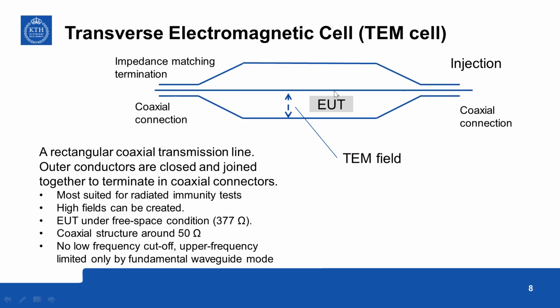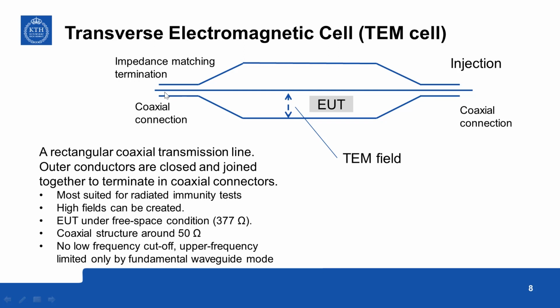On one side it is for injection, and on the other side it is an impedance matching termination for absorbing all the waves so that there are no reflections. If you look at the coaxial structure, there is a matching of the impedance from the injection to the cell and the termination.